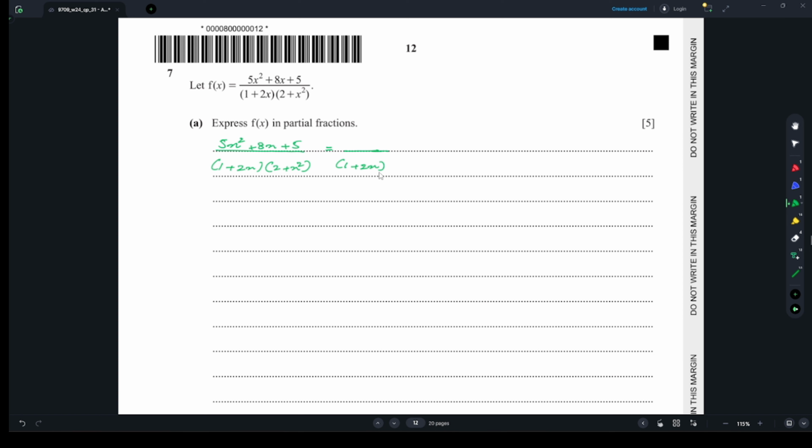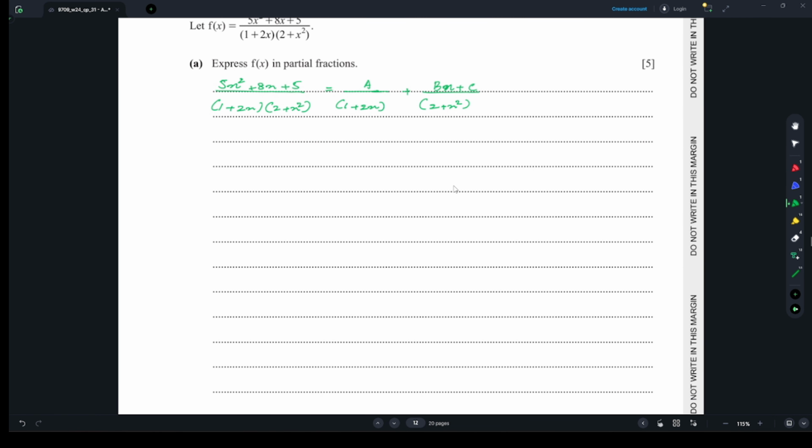So it's then a constant, A. Plus, for the second one, it's 2 plus x squared, so you have to write a function with the power of x being 1. So we can write that one as bx plus c.